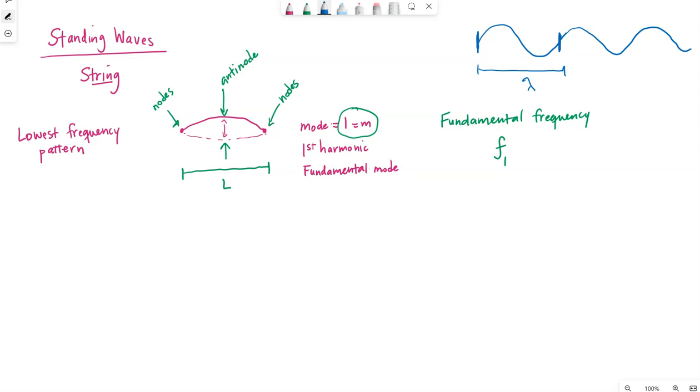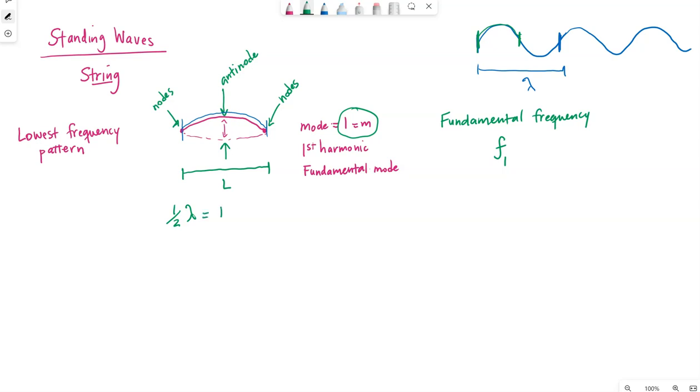Well, if I come back to this pattern and I start at the left side and I follow my string, I go up and then back to the middle. I am actually tracing out here 1/2 of a wavelength. So just following the pattern, going from middle up back to middle is 1/2 of a wavelength.